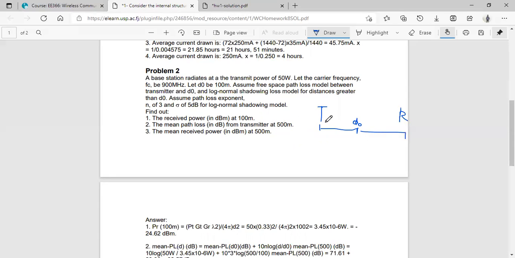Like I showed you over here, the 500 meters distance is beyond this distance d0. So the total distance is 500 meters.